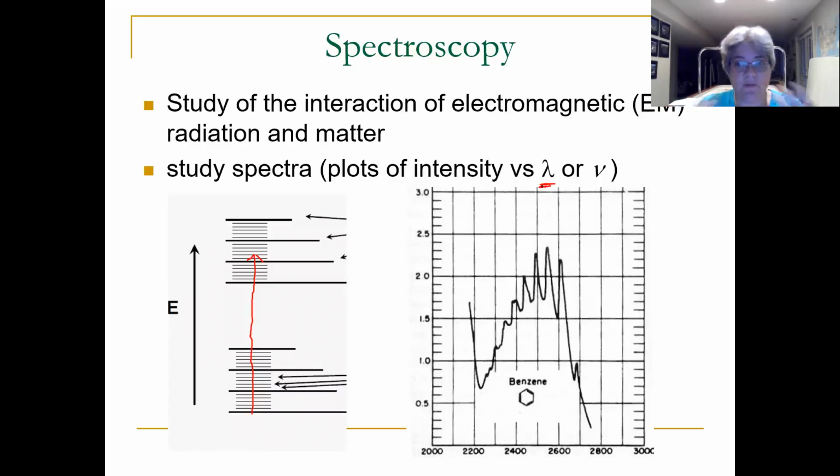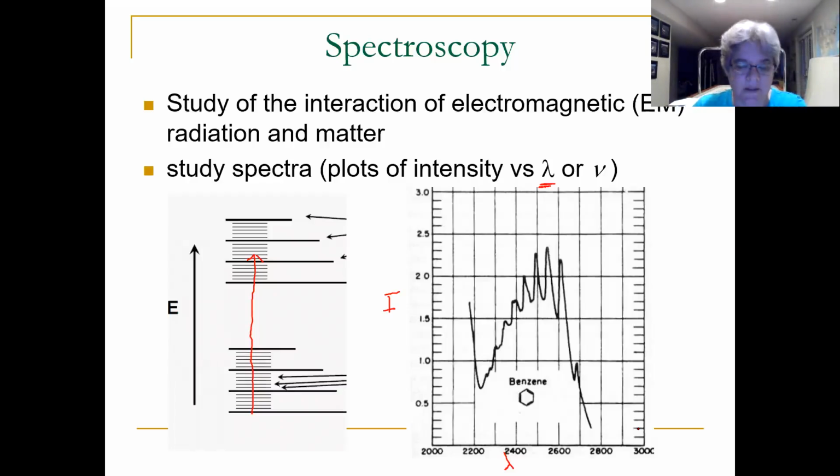Remember, energy and wavelength are related. And then we also measure how strongly that energy is absorbed. And that's the intensity. So we make these plots that are intensity versus wavelength. And these are called spectra. So in spectroscopy, we study these spectra. Okay, so all of that we talked about last time.